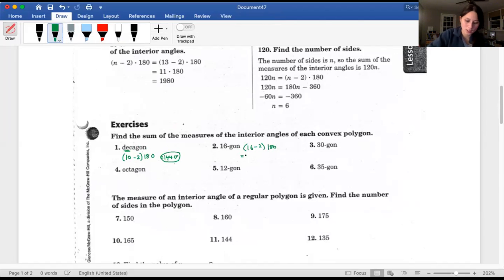And so that's 14 times 180. And that's going to be 2,520 degrees. 30gon, 30 sides, right? So that's going to be 30 minus 2 to find how many triangles are inside that 30gon. And then multiply that by 180. So 28 times 180 is 5,040.